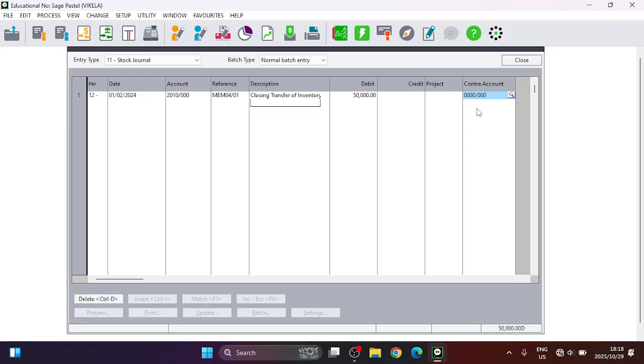It has a debit balance. Close that off and bring it into the opening stock figure for the new period. You have to credit trading inventory, which means you're closing off the trading inventory account or trading stock.